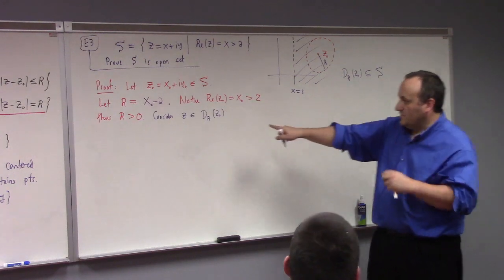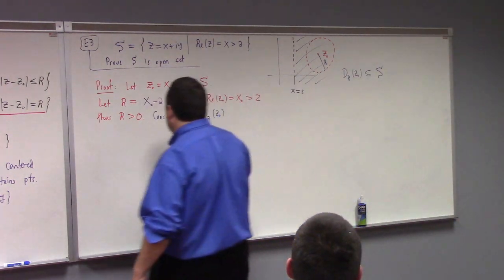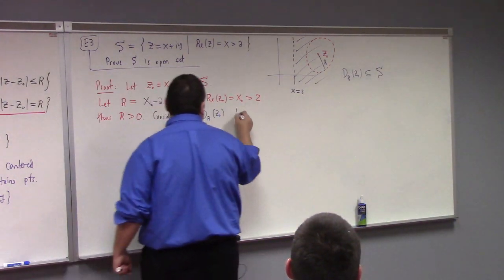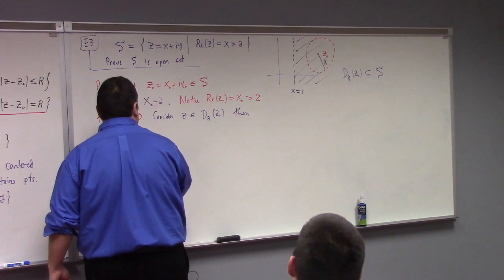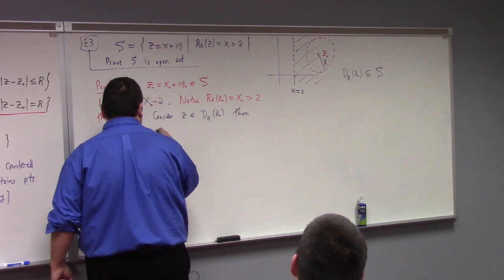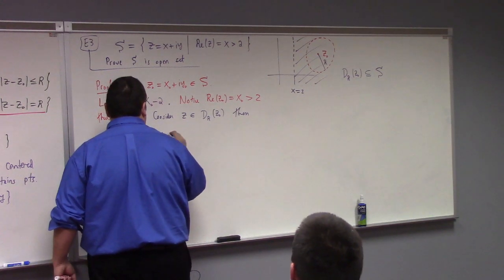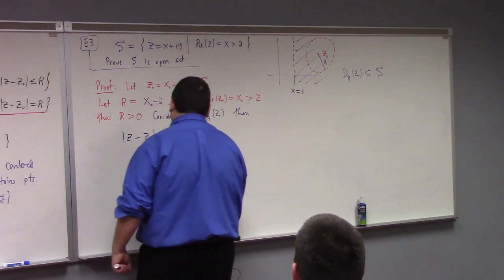Okay, so what does this mean by definition? That means the modulus of z minus z naught is less than r. And what does that tell me?